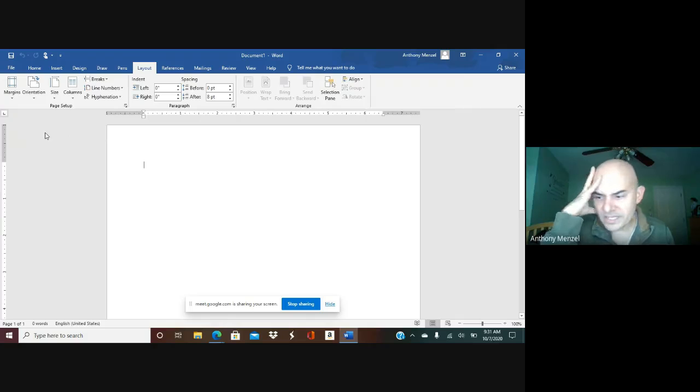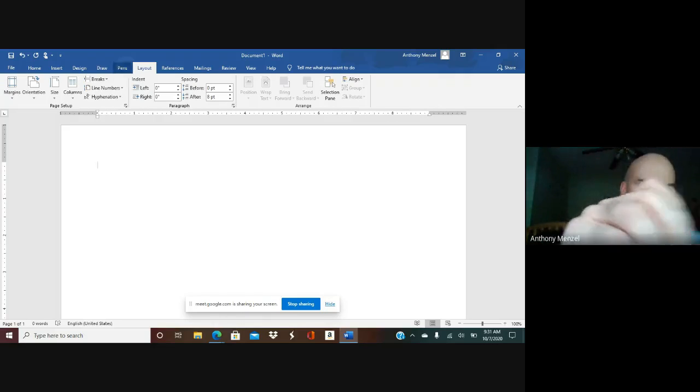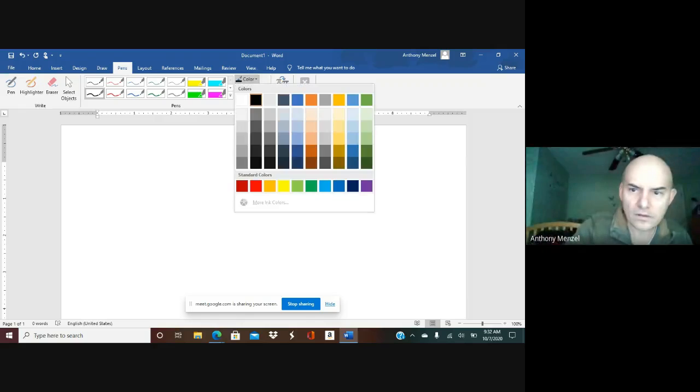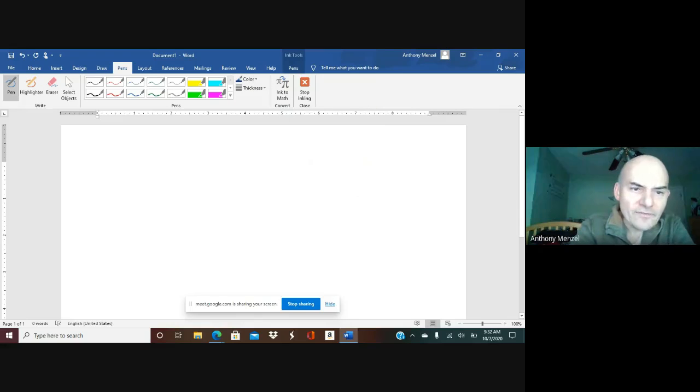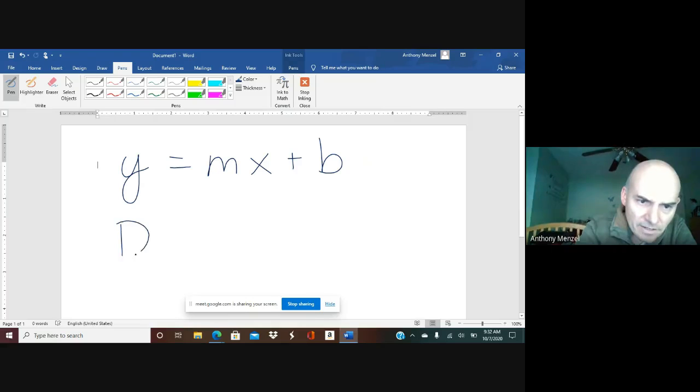When we think about what density is, we have slope-intercept form, y equals mx plus b. Density is like y. And then m, the slope, is grams per milliliter.